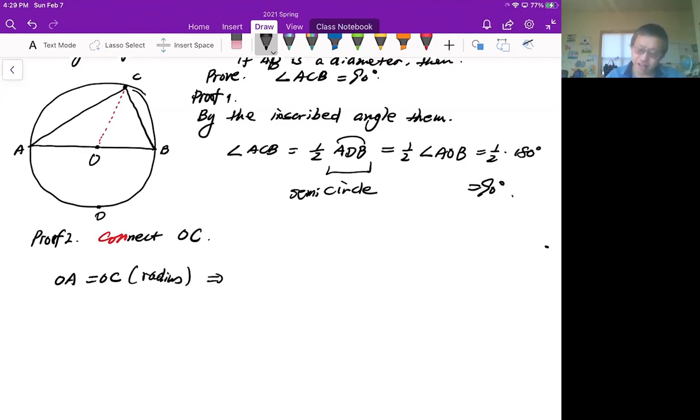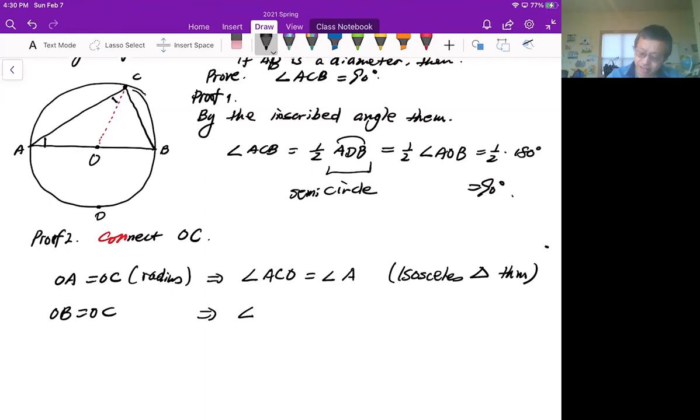If they're radii, then we get an isosceles triangle, and therefore the angle ACO is the same as angle A, just because of the isosceles triangle theorem, right? And similarly, if we have OB equals OC, same reason.